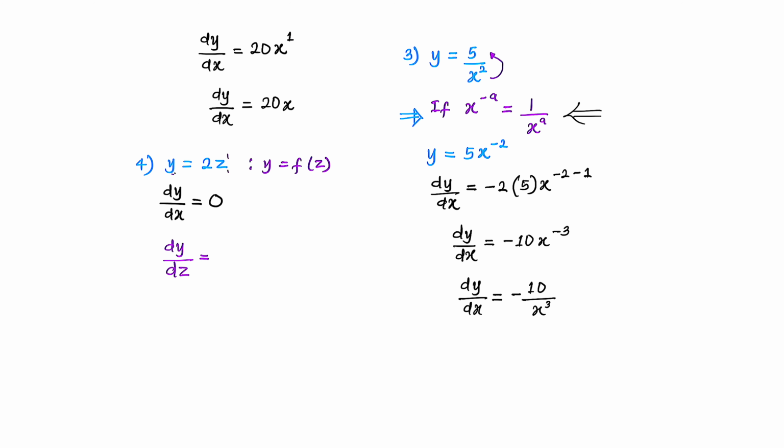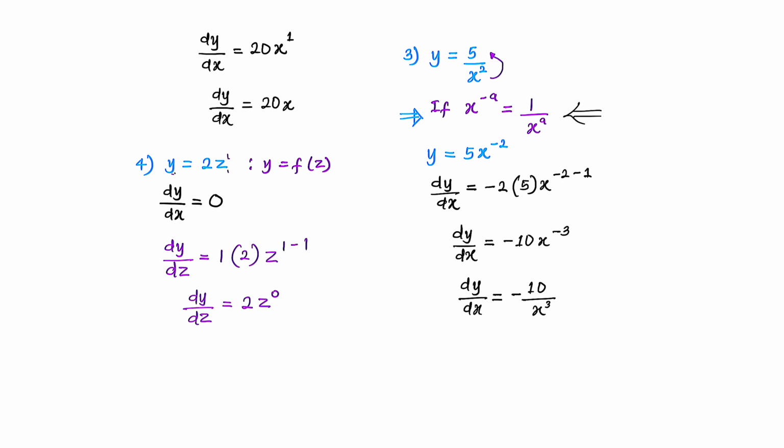So z is the same thing as z raised to power 1. So we bring the index down, that's 1, multiply with the existing coefficient, which is 2, write the variable back, which is z, subtract 1 from the power, so 1 minus 1. The derivative of y with respect to z equals 1 multiplied by 2 is 2, z, 1 minus 1 is 0.